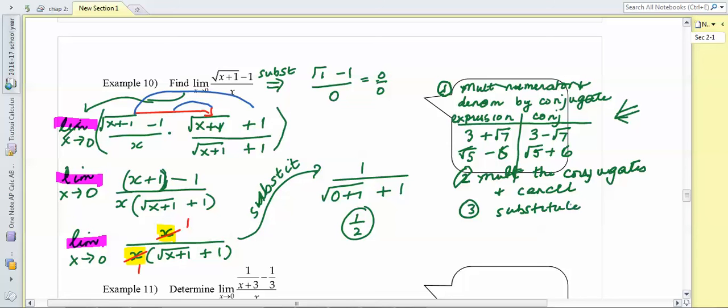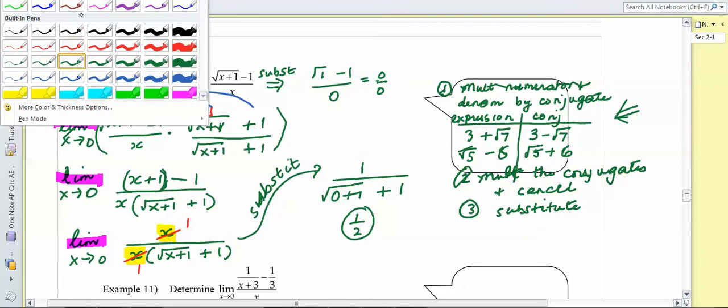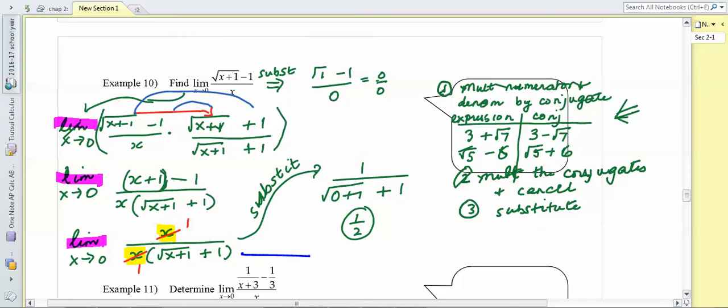And to get back to the strategy, let's just add that very quickly. Strategy: don't distribute the denominator.